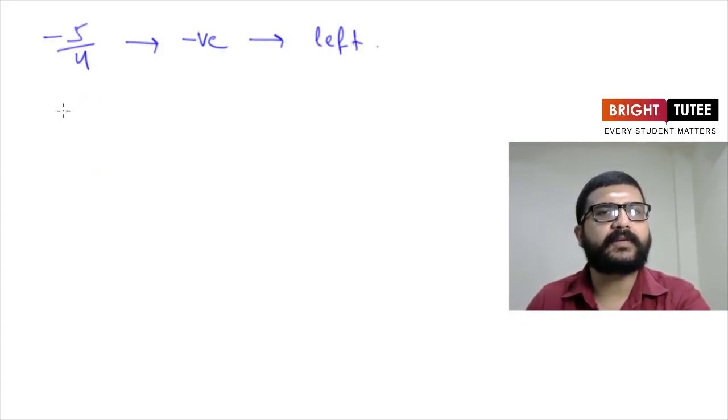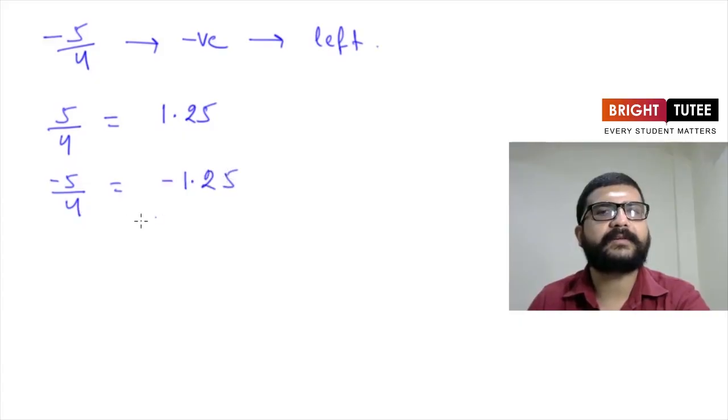Minus 5 upon 4. As we know, 5 upon 4 is basically 1.25. So minus 5 upon 4 will be equal to minus 1.25. Now what do you think, between which two numbers will it lie? Minus 1.25 will lie between minus 2 and minus 1.